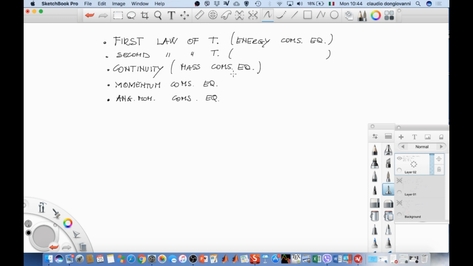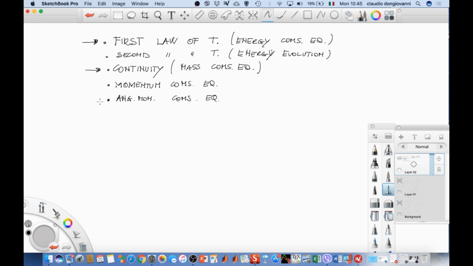There are evolution directions that are natural. Others are not natural. It's impossible to obtain them alone. So this is a law that analyzes the energy evolution. It is a little bit different, okay? But let me say that this one and this one are the most important in our analysis.